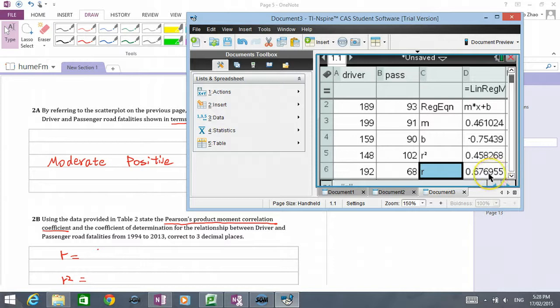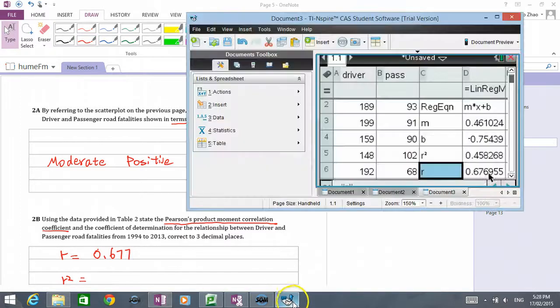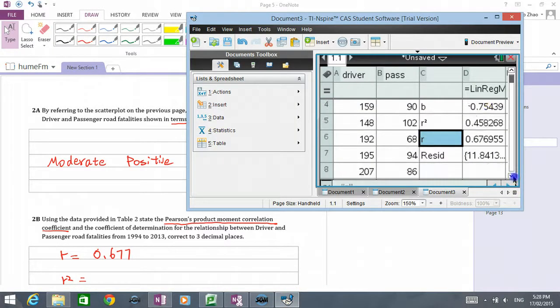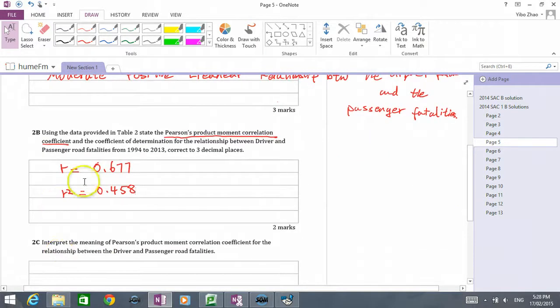Remember, we need to round to 3 decimal places, so it's going to be 0.677. And my R squared from my calculator is 0.4582, so it rounds up to 0.458. So I write it down, 0.458. For this, I think you get 1 mark for this section, and another mark for the value of R squared.